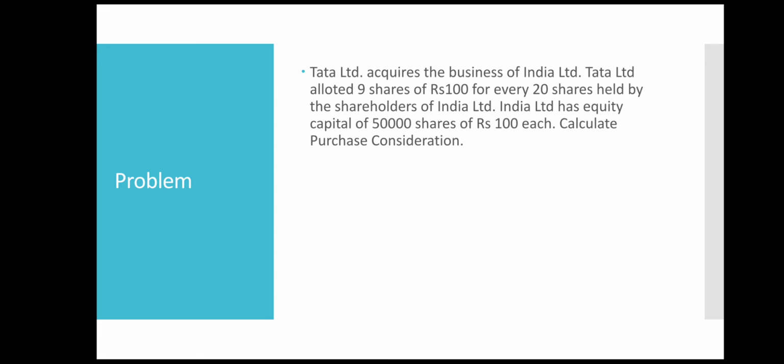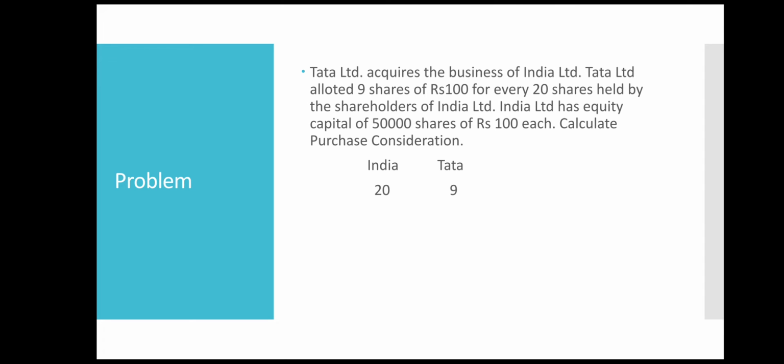There are two companies, India Limited and Tata Limited. India is the selling company, Tata is the buying company. Look at this: in India, if you have 20 shares, in Tata you will have 9 shares.